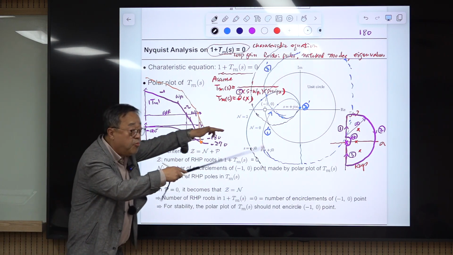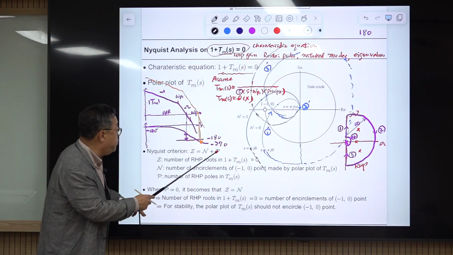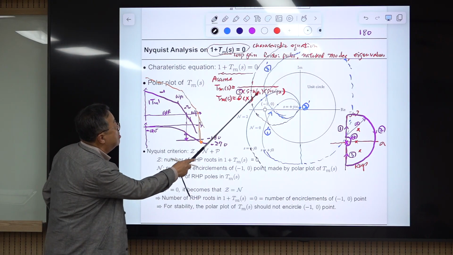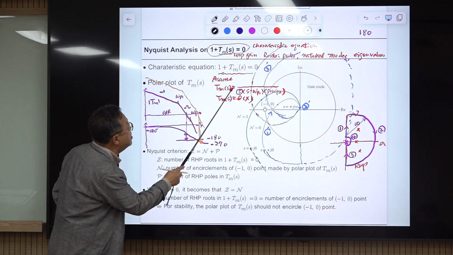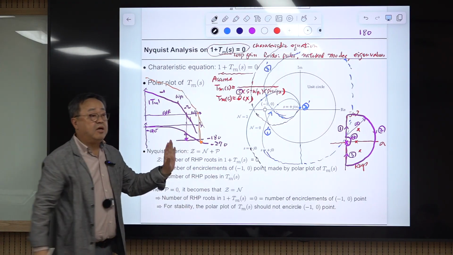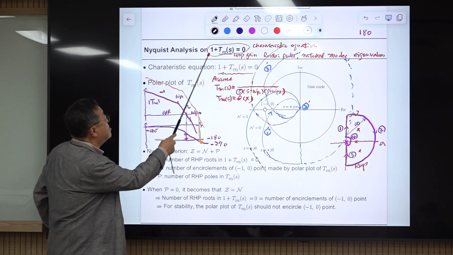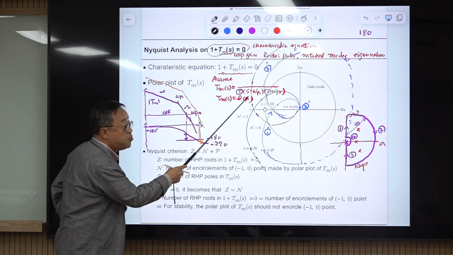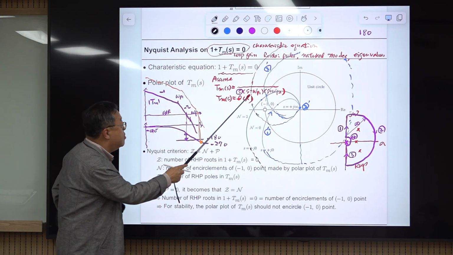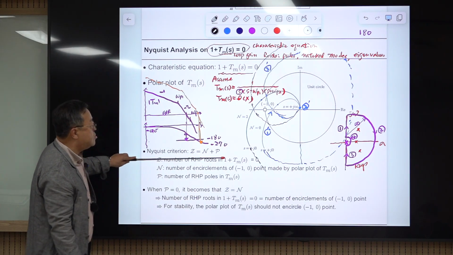N is the number of encirclements, all right? And P is the number of positive poles in T, MS. That does not mean the system is unstable. We are interested in 1 plus T, MS equal to 0, so it really doesn't matter.